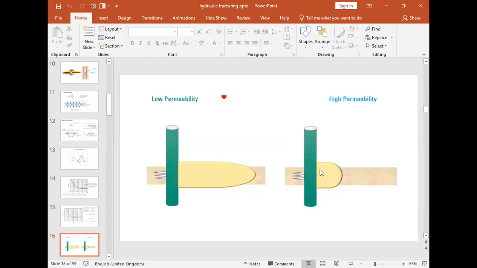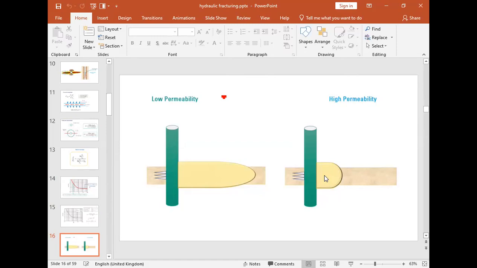All right. So we see exactly how this hydraulic fracturing job takes place within a low permeability and a high permeability reservoir. If I have a high permeability reservoir, the fluid has the tendency to fracture not only the reservoir, but to expand beyond the reservoir.